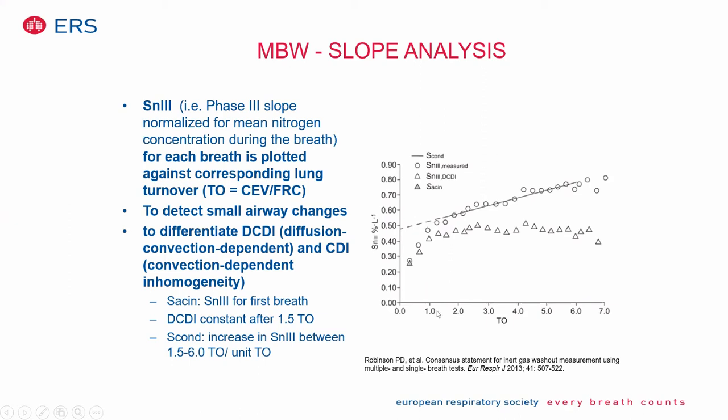And it has been shown that if you look at the slope of the first breath versus the steepness of the slope of the remaining breaths, this will differentiate between convection dependent inhomogeneity in the larger airways and the convection diffusion dependent changes in the smaller airways.